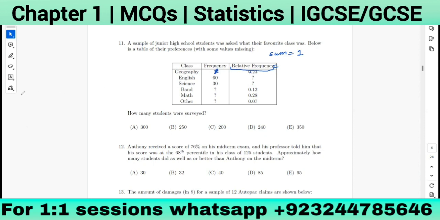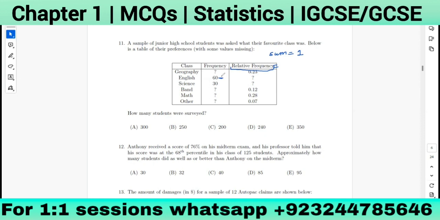So now what you're going to do to calculate this? Basically, the relative frequency should add up to 1. So how many are the total students? The question gives a sample of junior students and a table of preferences.